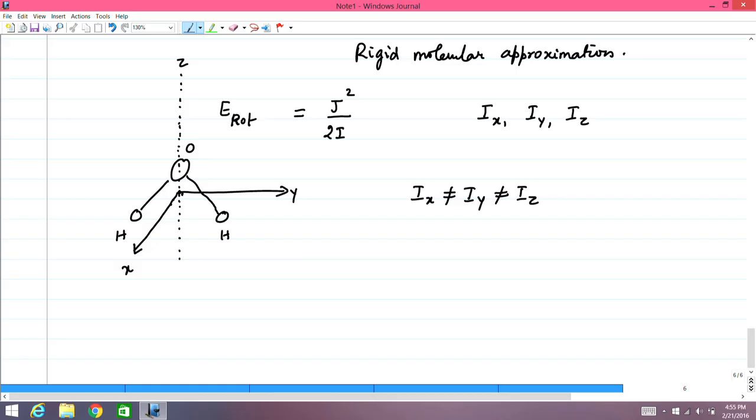Such molecules in which all the 3 moments of inertia are different, these are principal moments of inertia, we have chosen the axis system such that we worry only about these 3 moments, lead to characterizing this molecule as an asymmetric top.